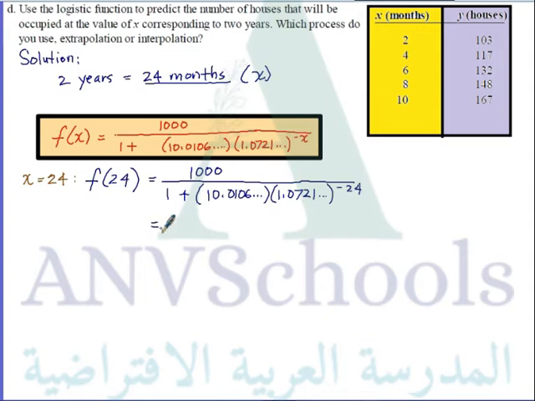And this will give us, so we need our calculator again. If our x is 24, then all I need to do is to replace the x with 24, and according to my computation, it gives me 346.88, and this is closely 347 houses.